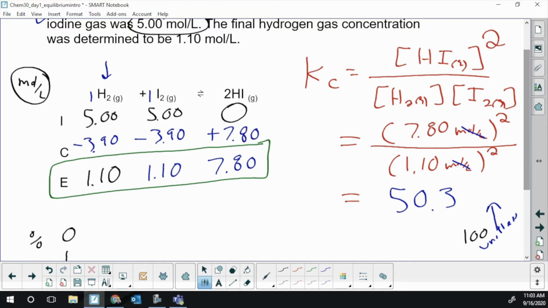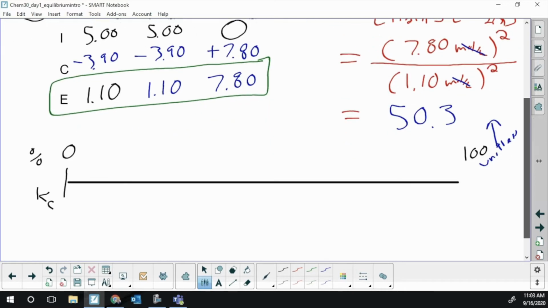If there's no product, 0% reaction, our numerator will be 0. Products go on the numerator. So the Kc value for 0% yield is going to be a Kc of 0 because our numerator will be 0. We're not dropping it and replacing it with a 1. It is in the equilibrium law expression. Its mathematical value is 0. So hopefully that will help you.